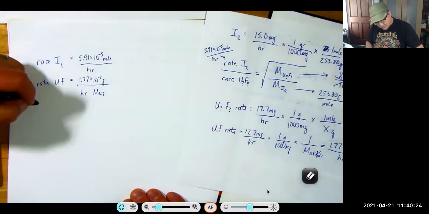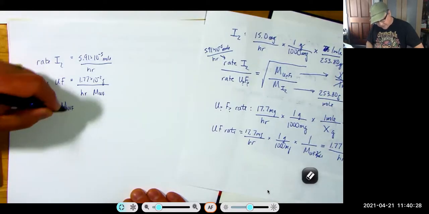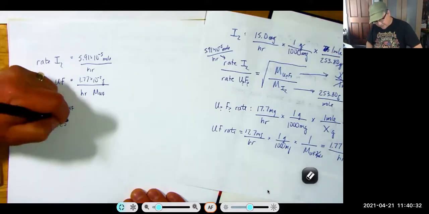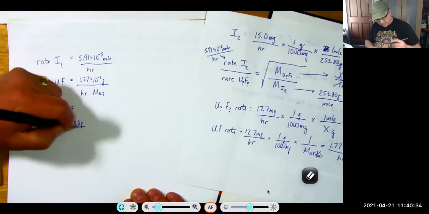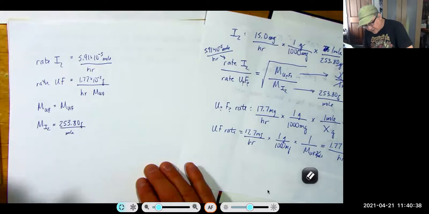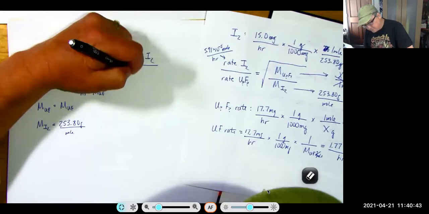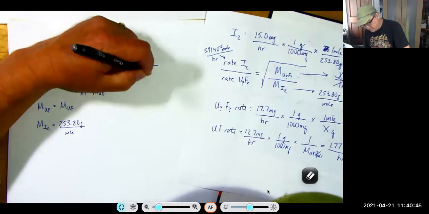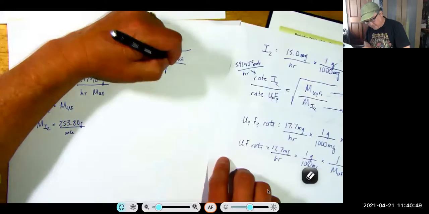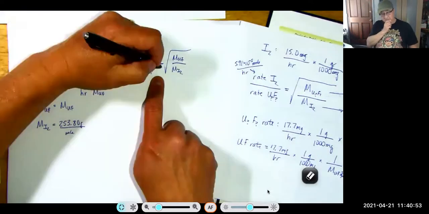The molar mass of I2 is 253.80 grams per mole. So that's everything we have. And we have this equation here.